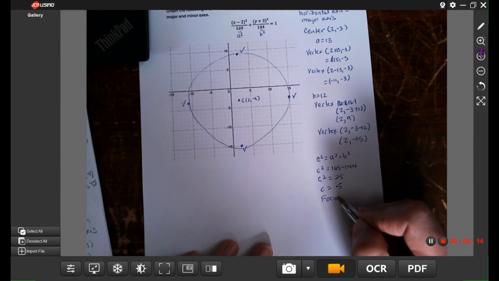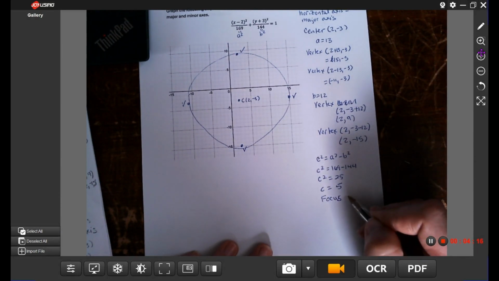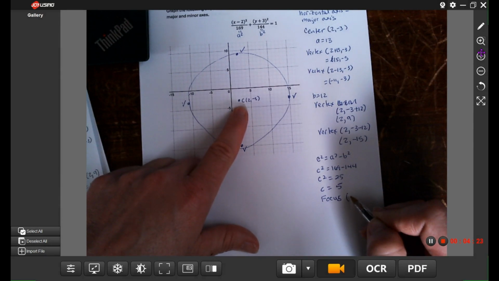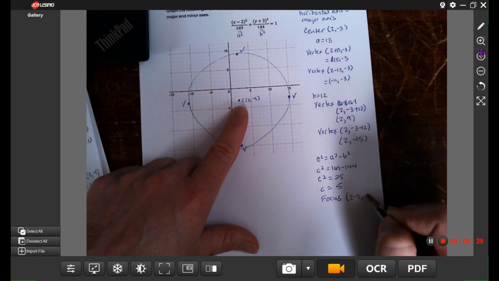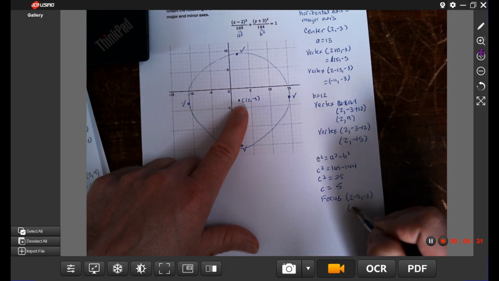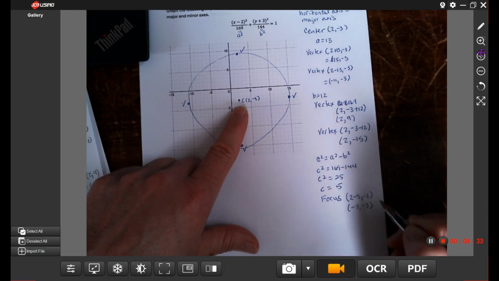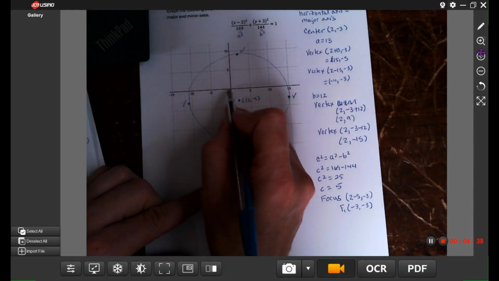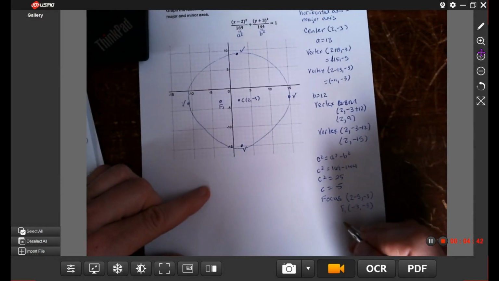So there's one focus. Foci always start at the center, and in this case we're moving horizontally because that's the major axis. So I take my 2, and I'm going to go to the left first. So move it to the left 5 and keep the y coordinate the same. So that would be at (-3, -3). I'll call that F1. So (-3, -3), so that's F1.